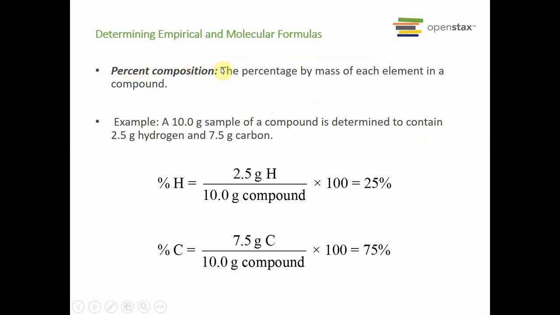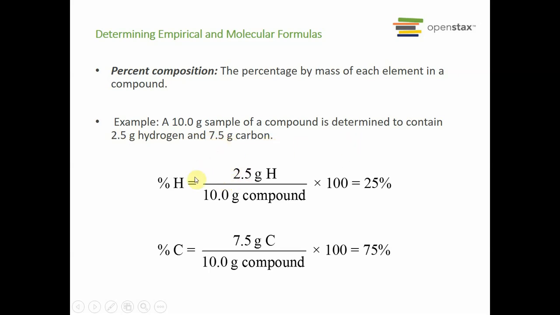The percent composition is the percentage by mass of each element in a compound. For example, a 10-gram sample of a compound is determined to contain 2.5 grams of hydrogen and 7.5 grams of carbon.